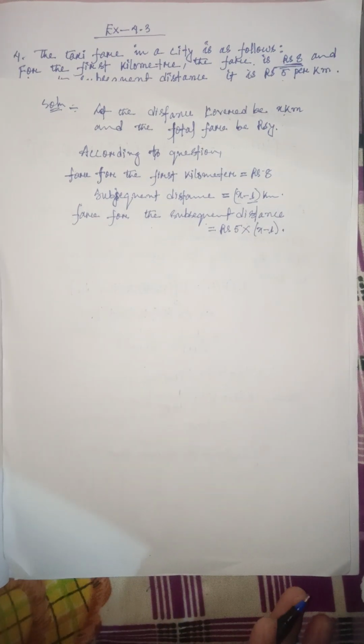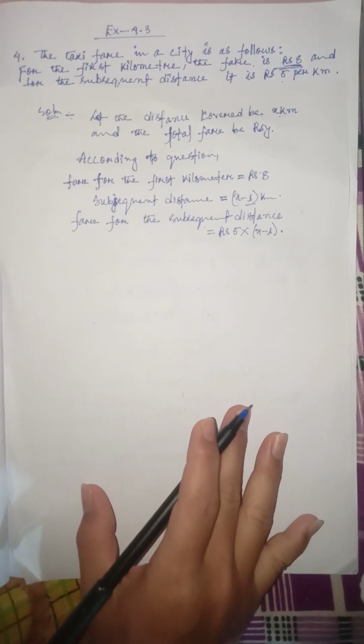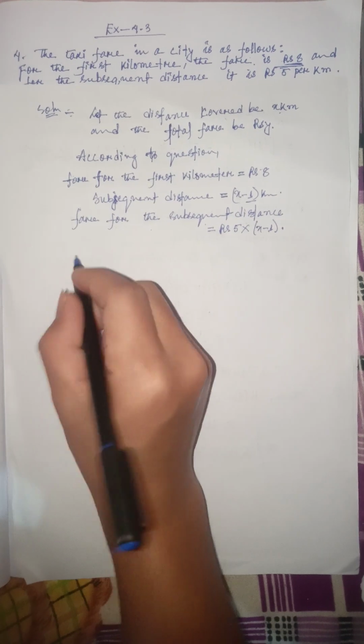The reason why I wrote 5 here is because for each kilometer, the fare is rupees 5. By multiplying that fare with the subsequent distance, we get the fare for the subsequent distance. All right. Now let us move to the next step.